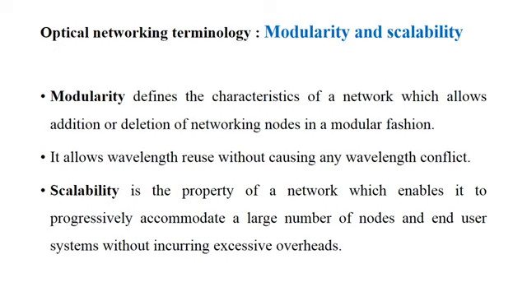Let us go with this first point. What is this addition and deletion of nodes to the network? In any kind of network, there is a possibility that we can add a system. So 10 existing nodes are there, and we want to extend that and make it equal to 15. So 5 more are being added. That has to be identified, and it has to be joined to the network in a proper fashion.